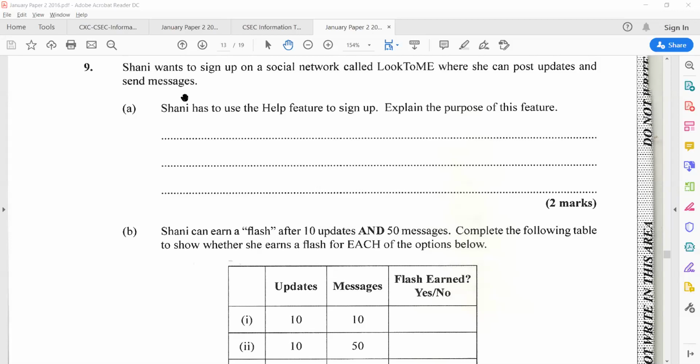All right, so Shani wants to sign up on a social network called Look at Me, where she can post updates and send messages. First part of the question. Shani has to use the help feature to sign up. Explain the purpose of this feature. So what's the purpose of the help feature?